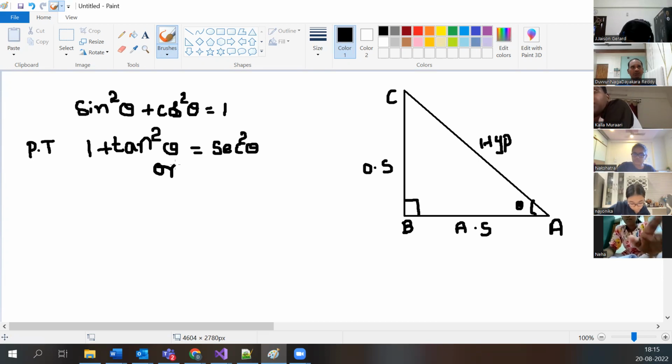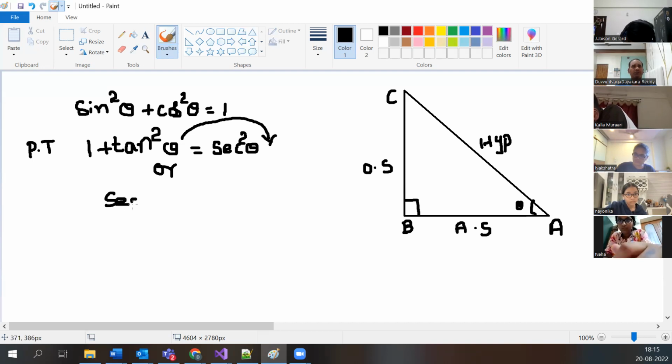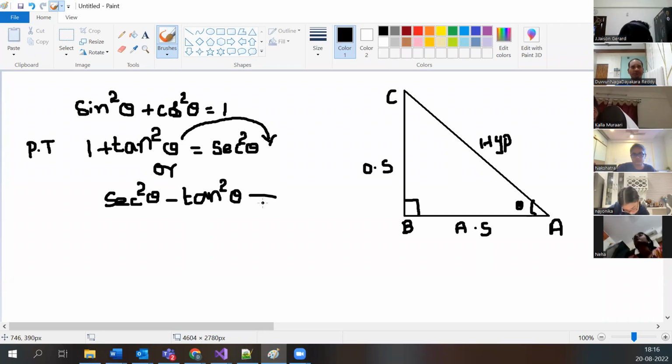Or, if tan square theta goes to the other side, it becomes minus tan square theta, so secant square theta minus tan square theta equals 1. Both are the same, children, don't get confused.